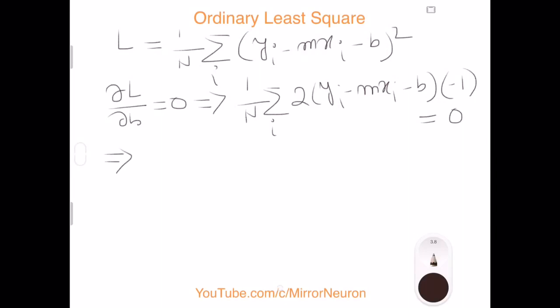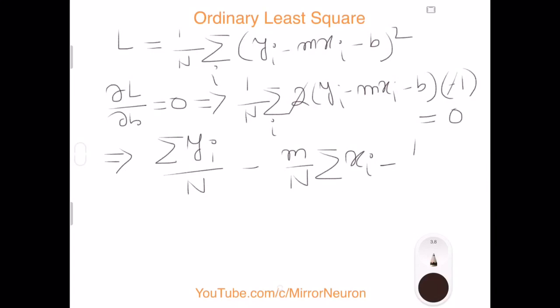So this becomes, the 2 can be cancelled and this minus 1 can be cancelled, so we are left with summation of yi over n minus m over n summation of xi minus b over n times n, because summation of i and 1 is nothing, this term is nothing but n itself, so this n and this n will cancel out, is equal to 0. So this gives us a value for b.